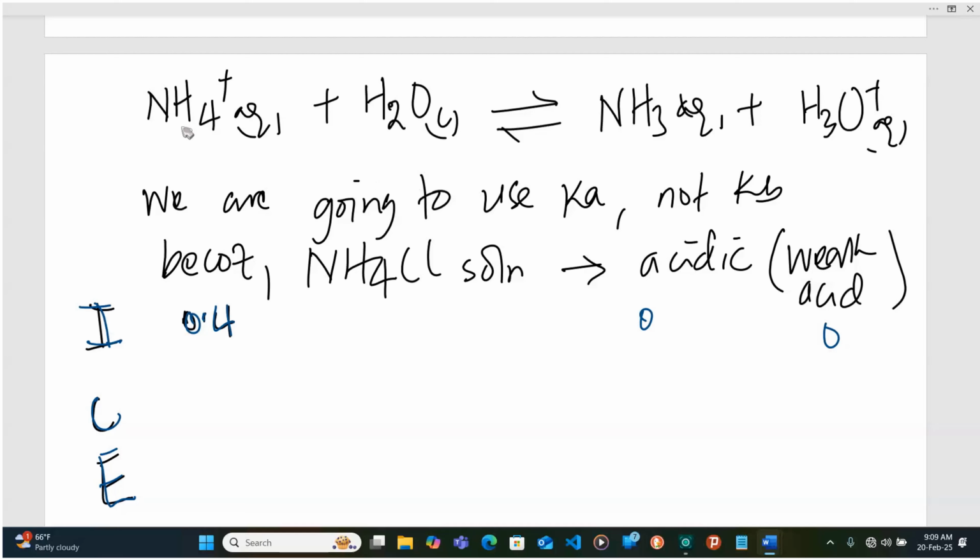But once the dissociation has occurred and the reaction is at equilibrium, then we are going to have what? We are going to have X hydronium ions forming, then X moles of ammonia, and then minus X moles of ammonium ion. So at equilibrium, we are going to add the two. I'll have 0.4 minus X. This is X, and this is X.